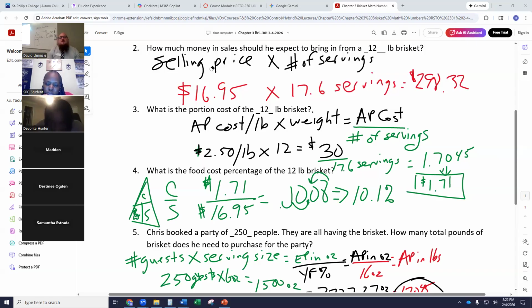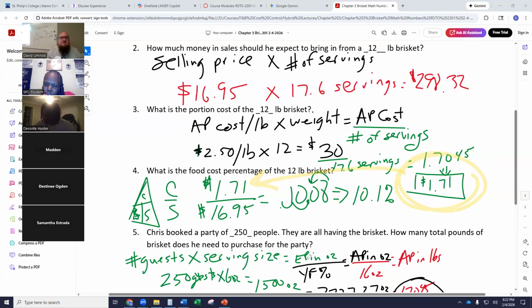Yeah. So our food cost percentage, we're going to use our triangle, right? And so we have our cost divided by our selling price. So the answer to number 3 of $1.71, that is going to come right over here to our cost.